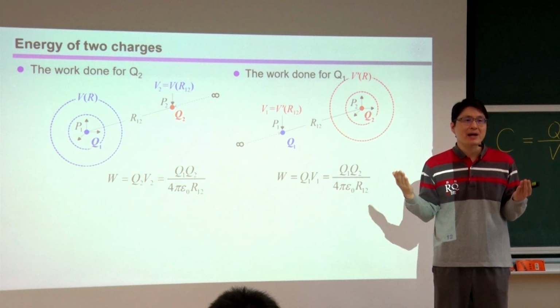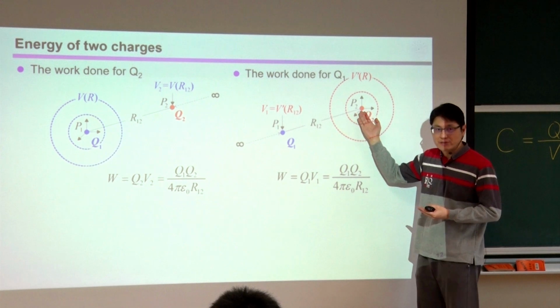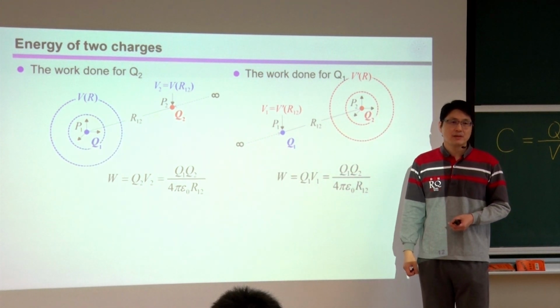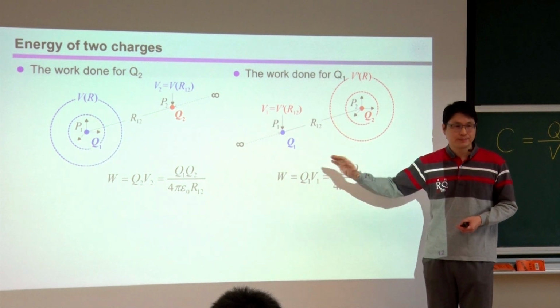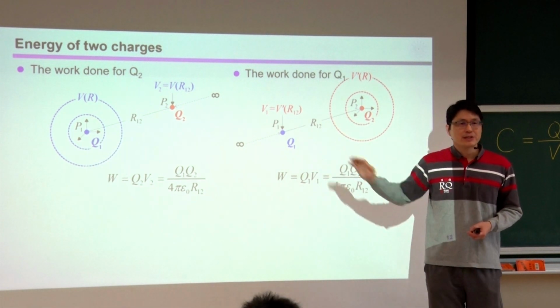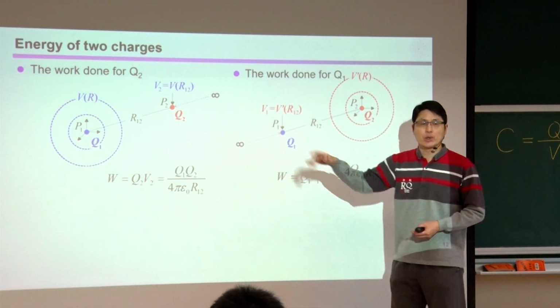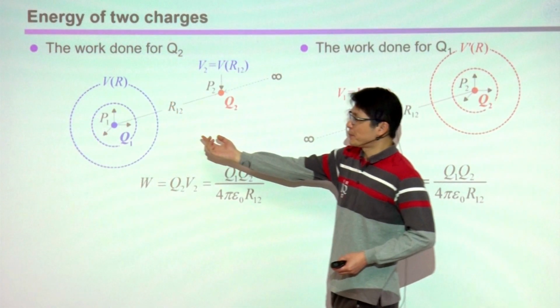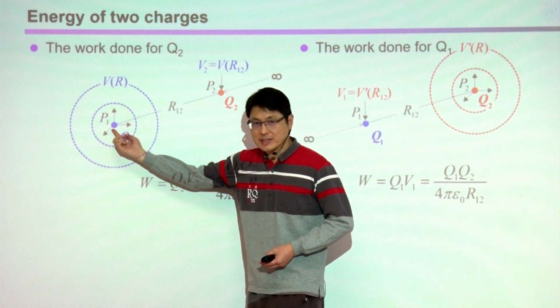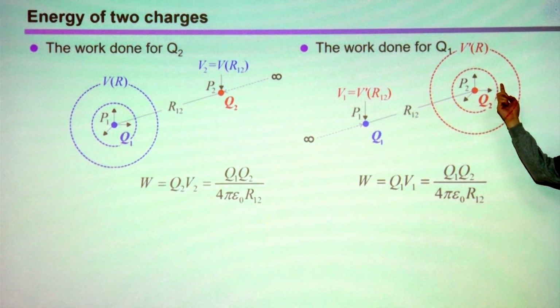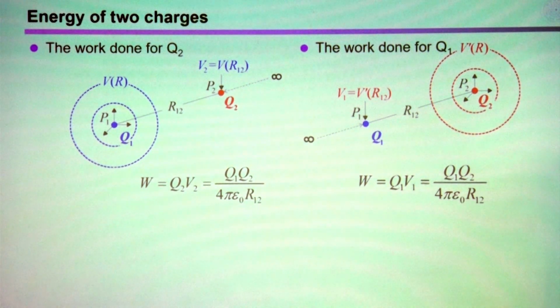It doesn't really matter which one is here first and which one you bring into this location. They're supposed to be identical. So the two different viewpoints, whether charged particle 1 is present first or the second charge is there first, doesn't matter.